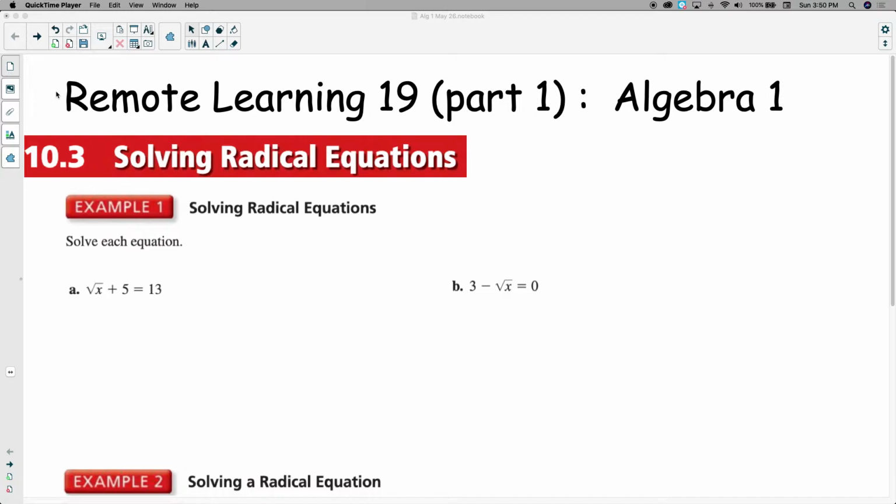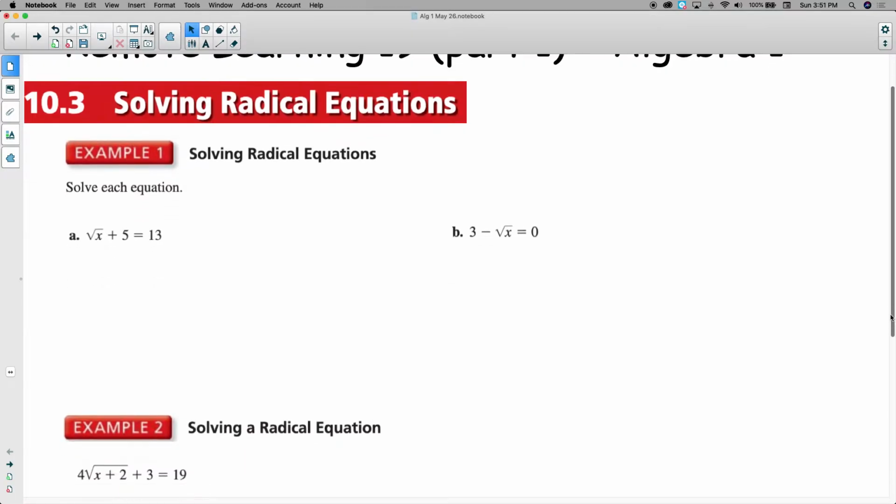But in this particular section of chapter 10, we're going to be solving for x, but instead of there being an x squared in the equation, there's a square root of x in the equation. Or for that matter, maybe I should more correctly say there's just going to be a square root in the equation with a variable in it.